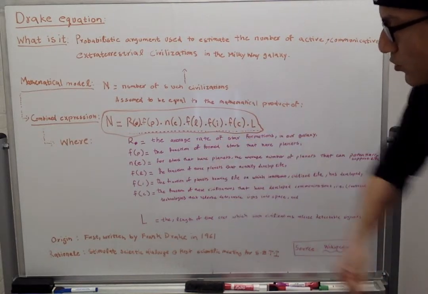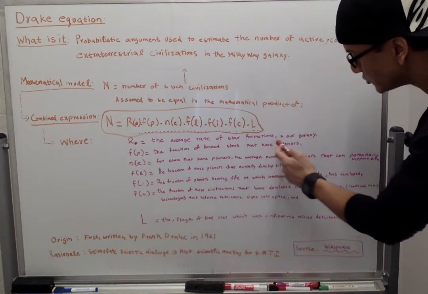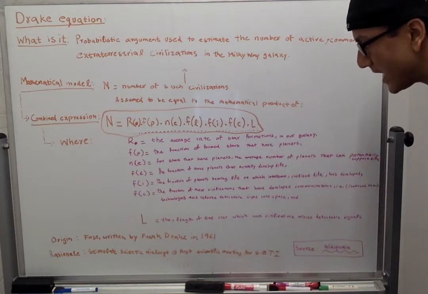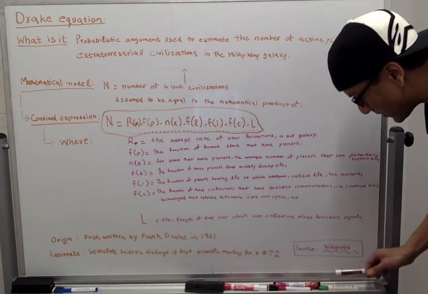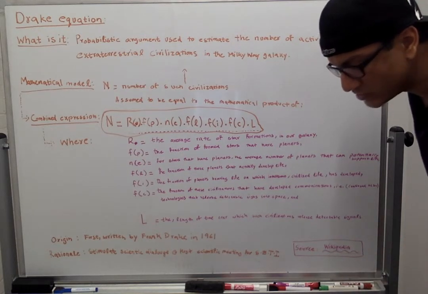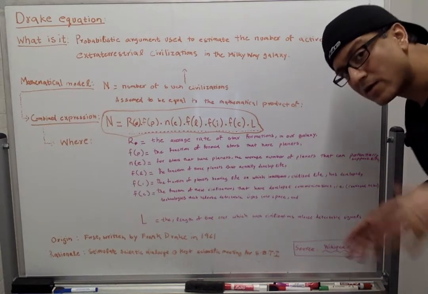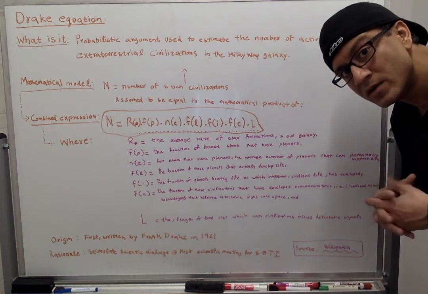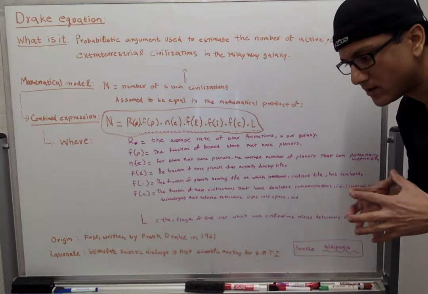So coming back to the equation, R is the average rate of star formation in our galaxy, because we're talking about the Milky Way again. I don't know much about star formation. I know that it's happening across the galaxy all the time. You have an accretion of dust and rocks that have been bouncing around the universe since its beginning.